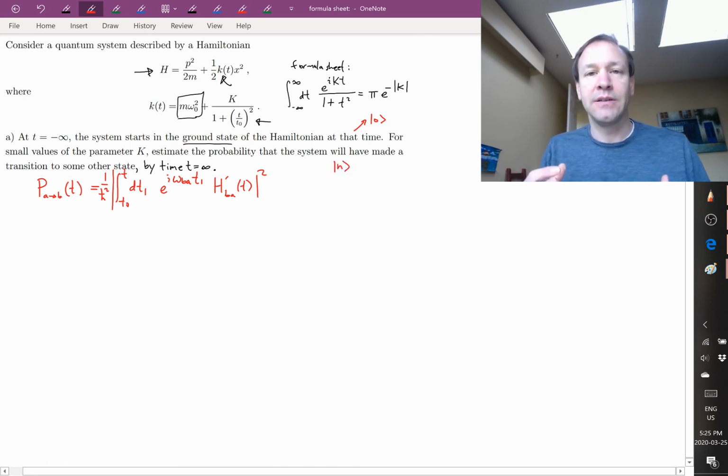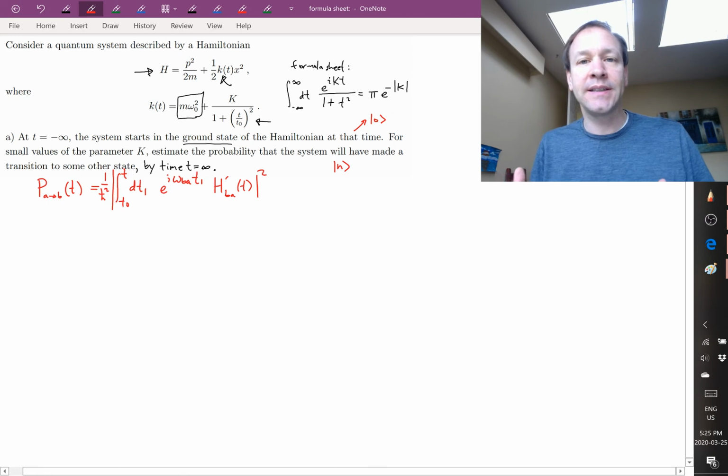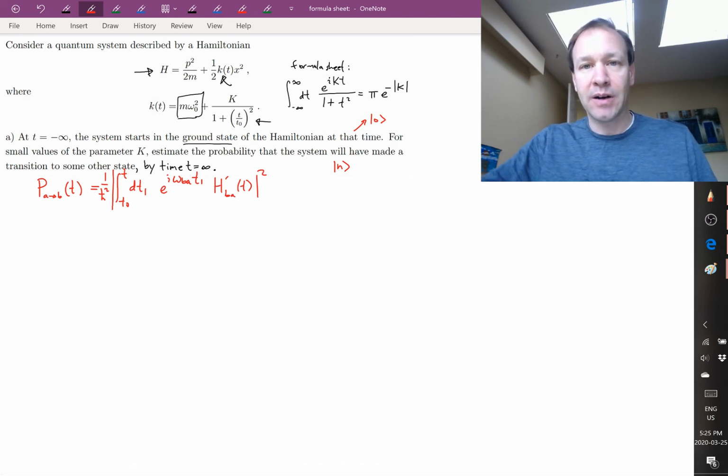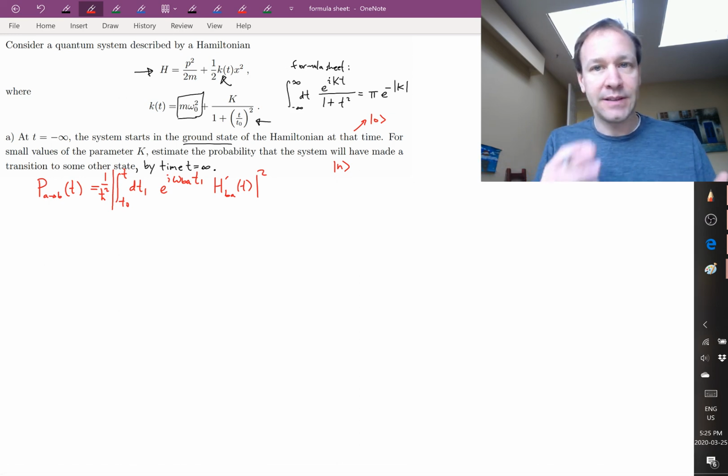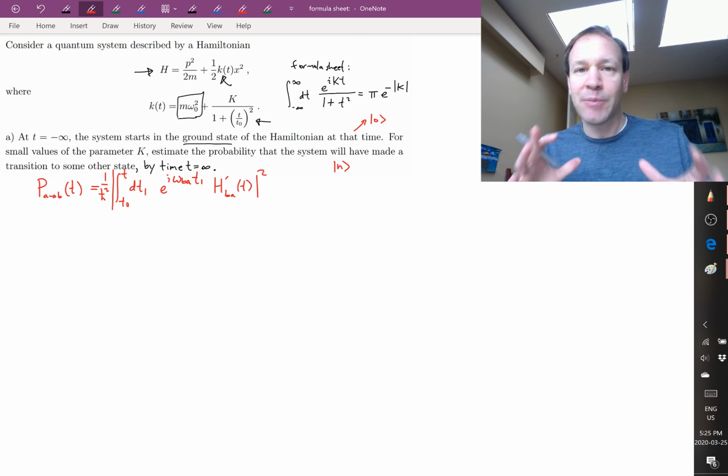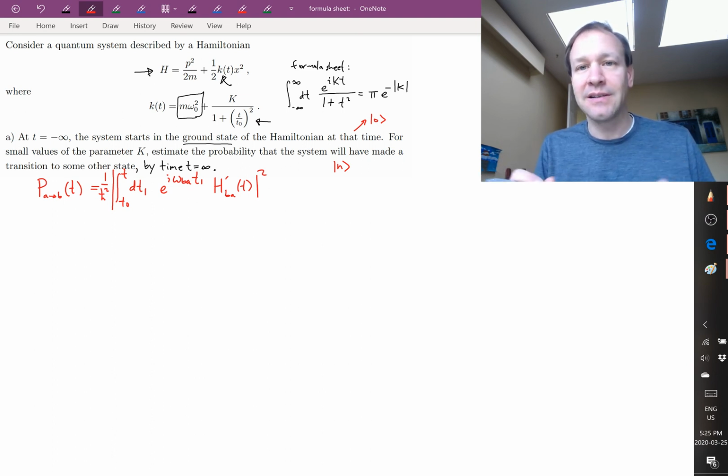We can figure out that probability and then add up all the probabilities for the states n equals 1, 2, 3, all the way up to infinity. But we'll see that in the approximation of first order perturbation theory, there are not going to be very many states that we can actually make a transition to.